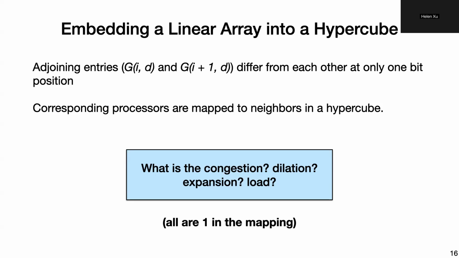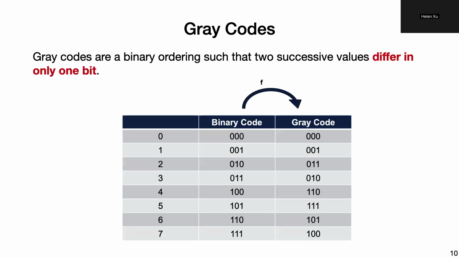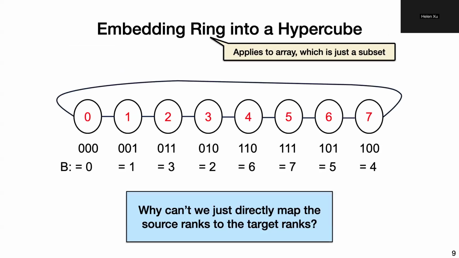Yes, so you're saying that in the hypercube, there are actually more links between nodes. Yes, we're using a subset of the links in the embedding.